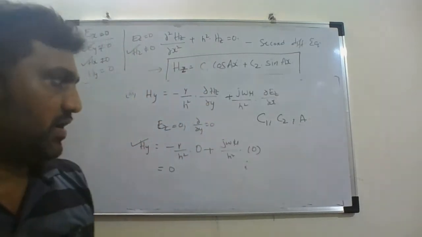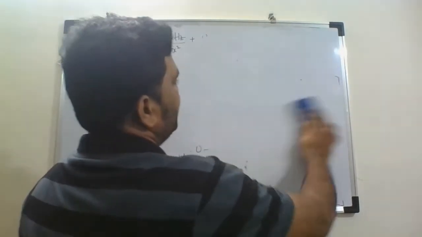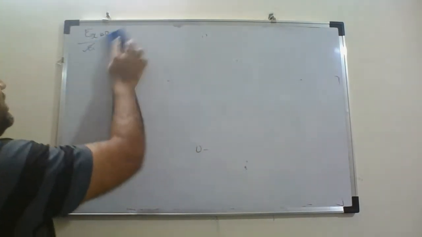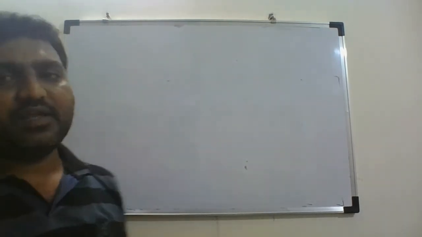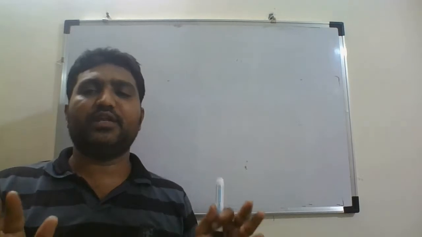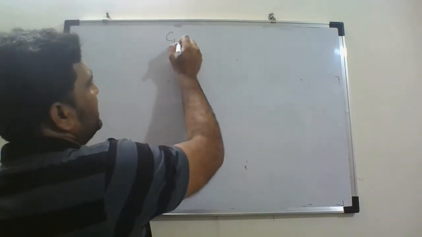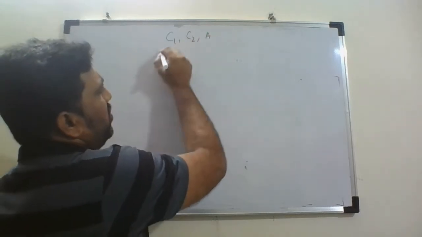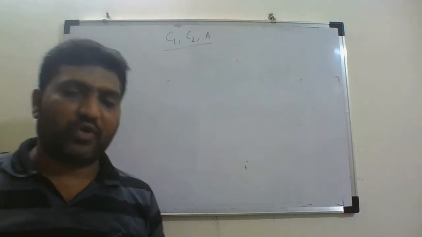With that, our derivation for the TE configuration will be completed, and our TE wave will be perfectly analyzed in the waveguide. Next we need to calculate the constants C1, C2 and A using the boundary conditions.